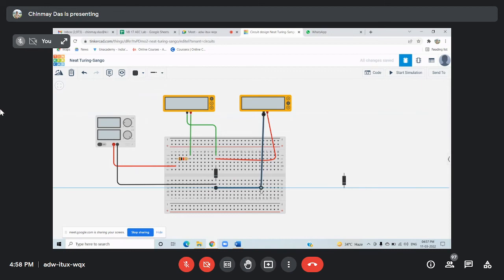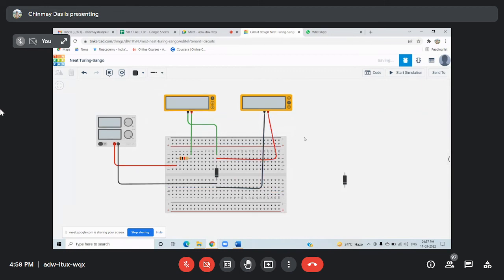You can change its position later. So now the parallel connection of the voltmeter is done: positive with the anode of the diode and negative with the cathode of the diode. Now we'll verify the circuit. Right now you can write the readings in Excel and plot the graph. Later we'll plot the graph on a graph sheet.